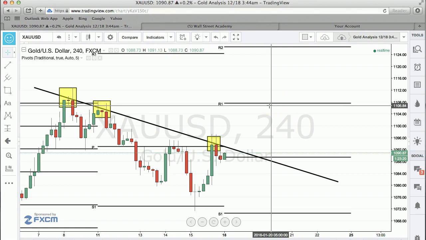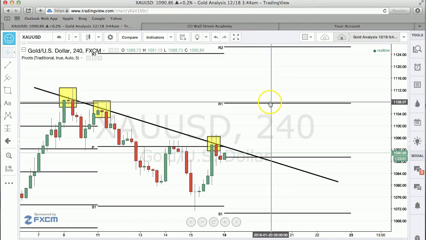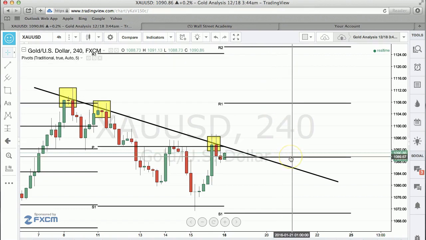Because what would happen if a couple indicators you're using show that gold right now is a good buy? You put in a buy, but on pivot points, price sits at resistance level 1. You put in a buy thinking it's going to go up. However, price reverses. You lose money.